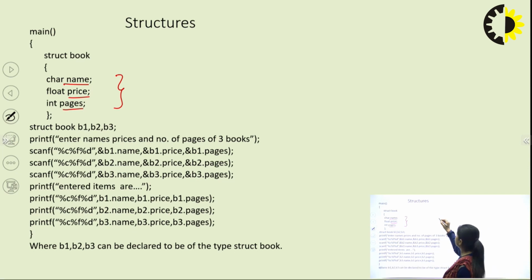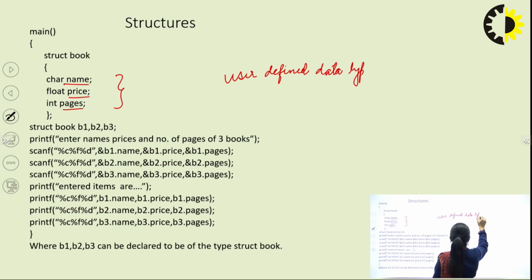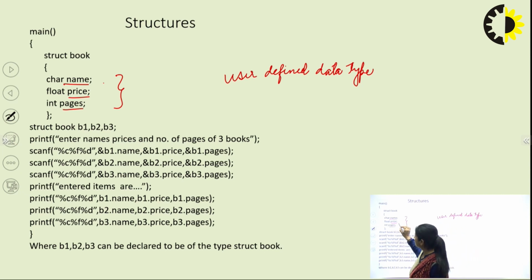That's why it is known as a user defined data type. That means the user can define a data type on their own. I'm going to have 3 elements: name, which is of type character, price, which is of type float, and pages, which is of type integer.